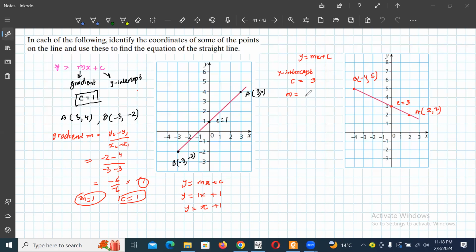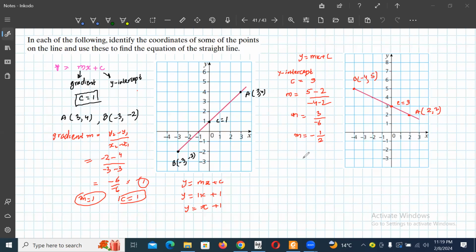So the gradient of points AB, we can write 5 minus 2 over minus 4 minus 2, which gives me 3 over minus 6, which is equal to minus 1 over 2.